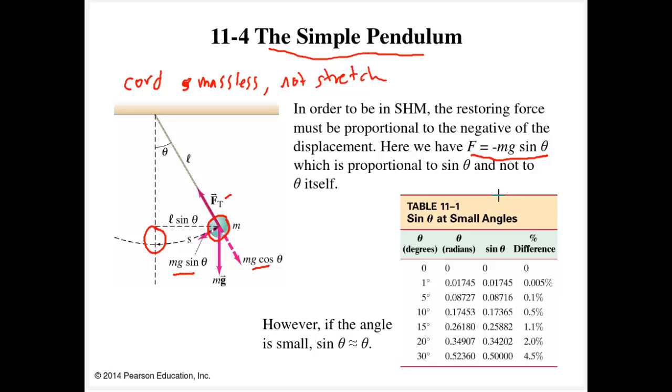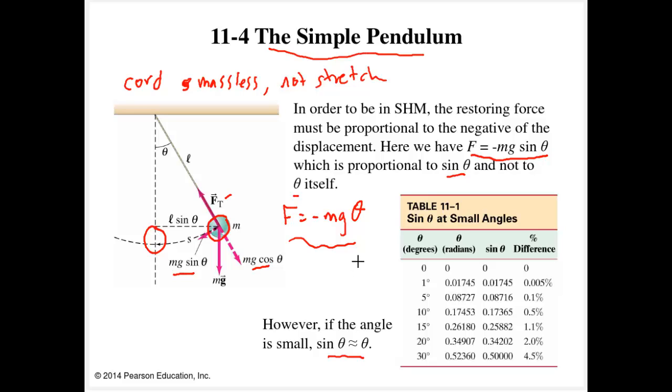And here you're thinking to yourself, wait a minute, I need the force to be proportional to the displacement. Well, turns out that for small angles, sine theta and theta are very similar enough that we can say that sine of theta is approximately equal to theta, and we can write our force to be equal to negative mass times gravity times theta, and you can see that this equation right here does indeed look like a simple harmonic oscillator should.